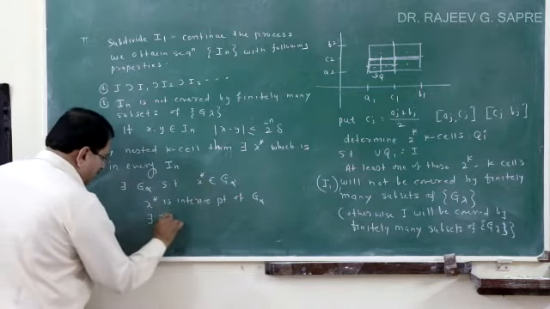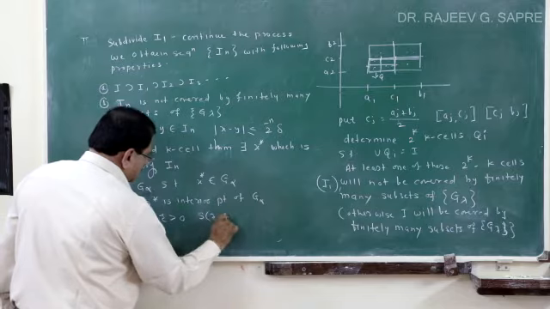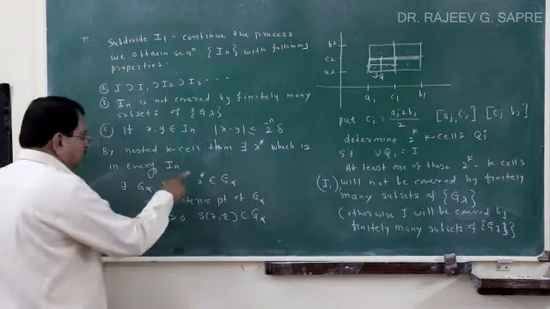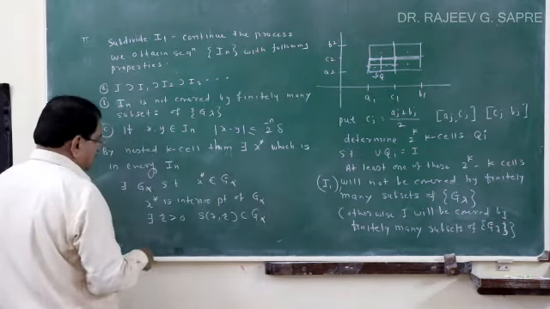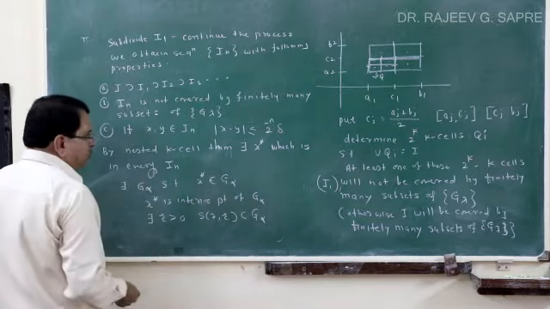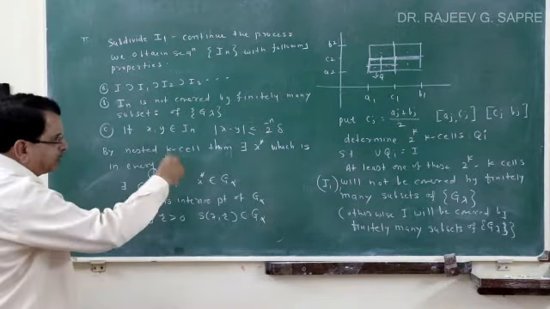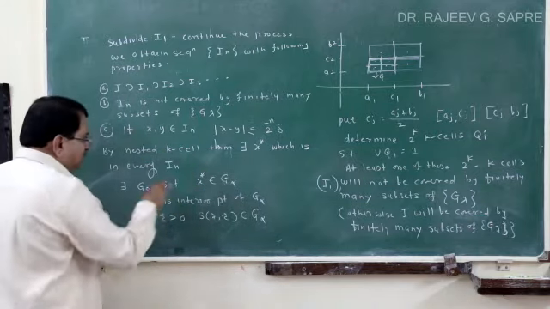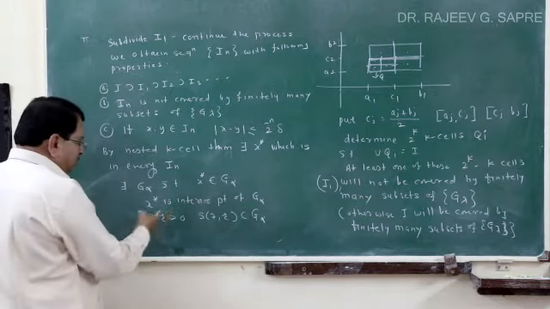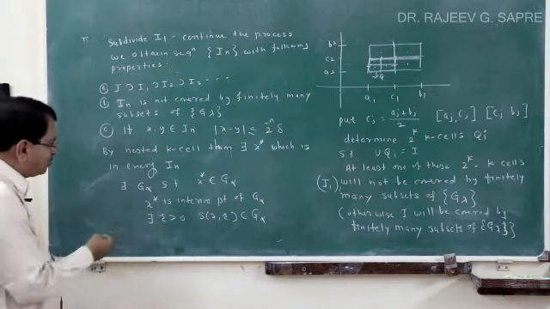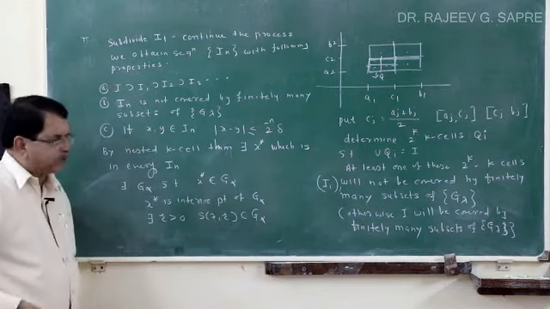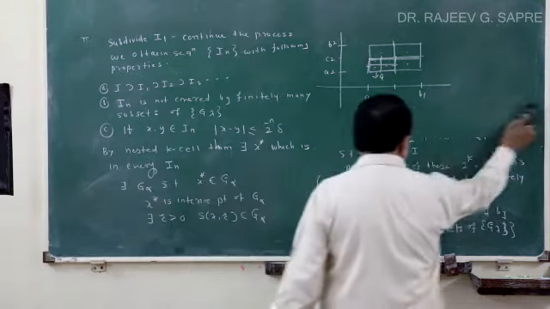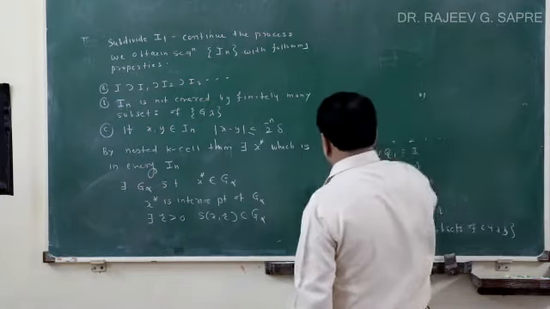So there exists R greater than 0 such that S(X star, R), the open sphere around X star with radius R, is a subset of G alpha. Now if you take Y belonging to S(X star, R), then Y also is in G alpha.